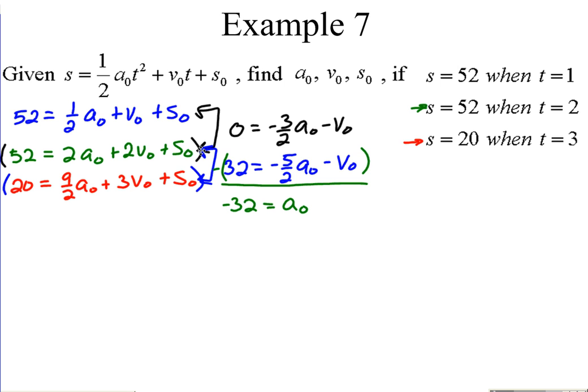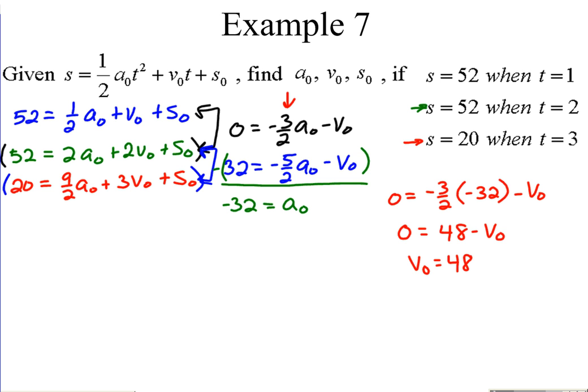Plug back into this equation right here, and let's find now v of 0. So we have 0 equals negative 3 halves. We just found a of 0 to be negative 32, minus v of 0. We get v of 0 to be 48.